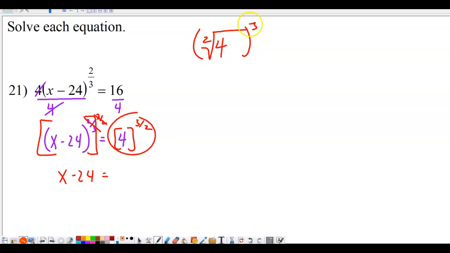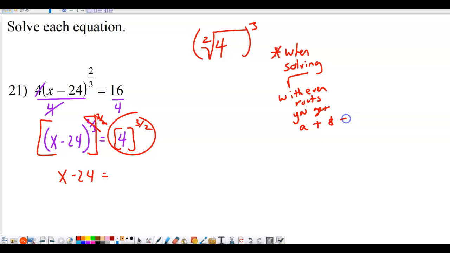Now, when you're solving radical expressions with even roots, you get a plus and minus answer, okay? Because there's really 2 square roots of 4, right?